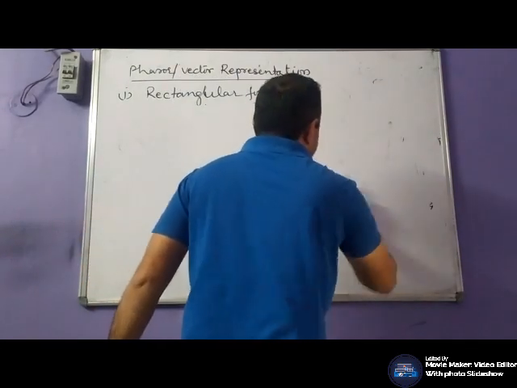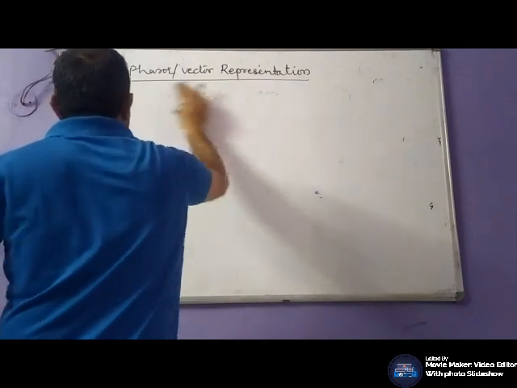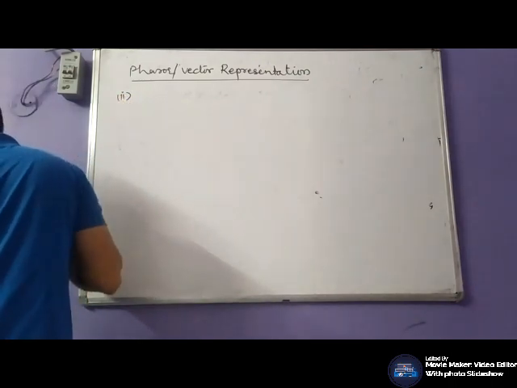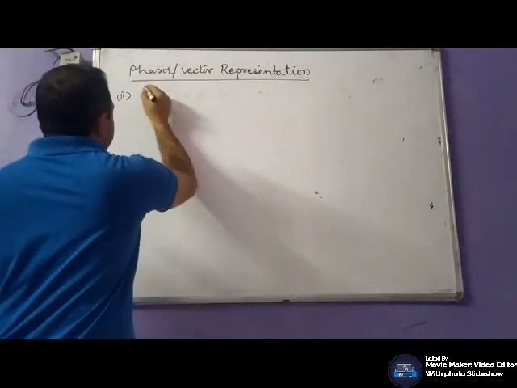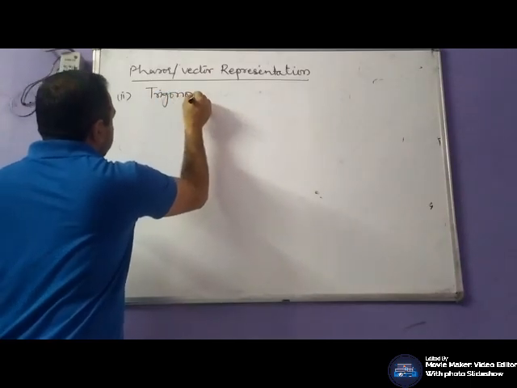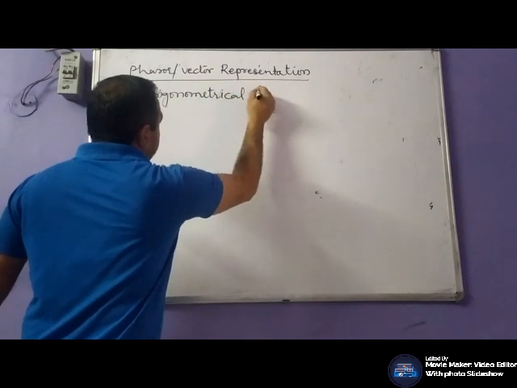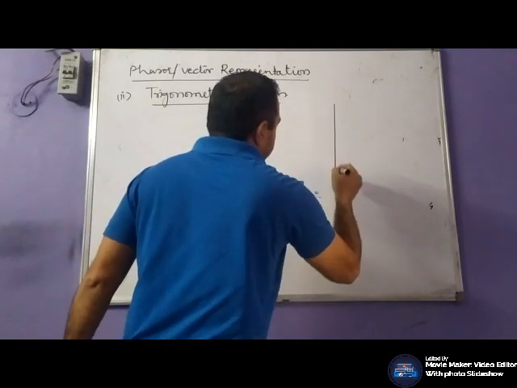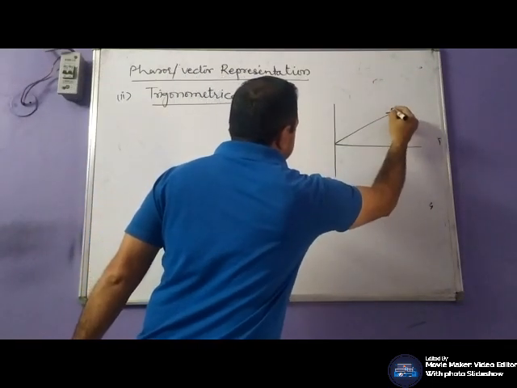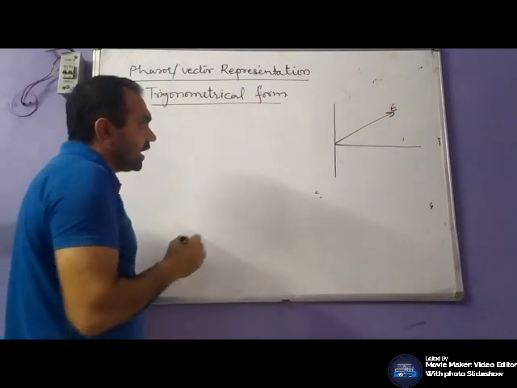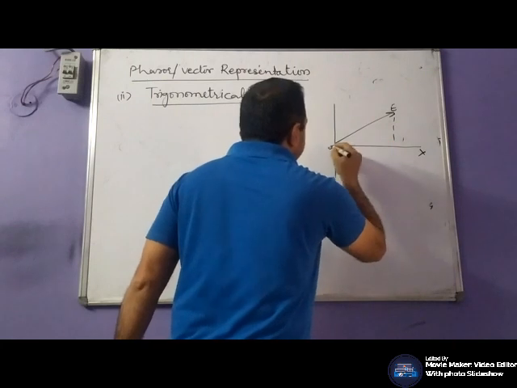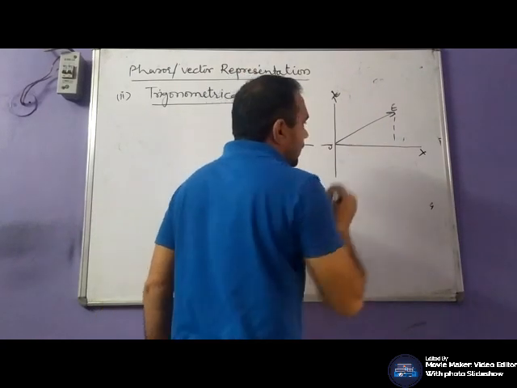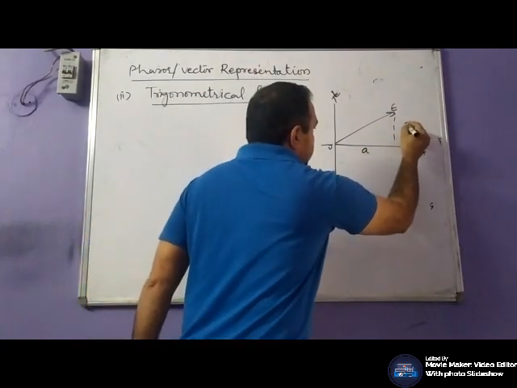Another form is trigonometric form. For example, let this be E. In rectangular form, we have represented it in terms of A plus jB.